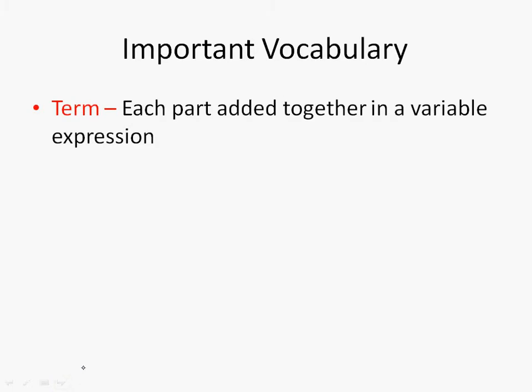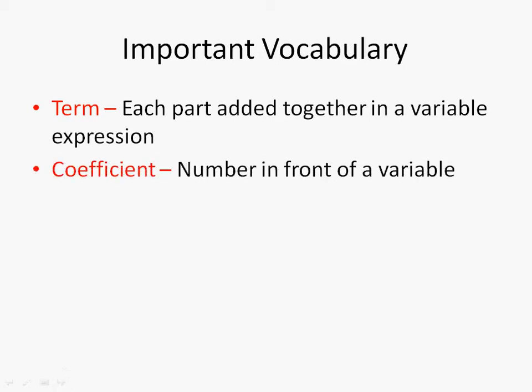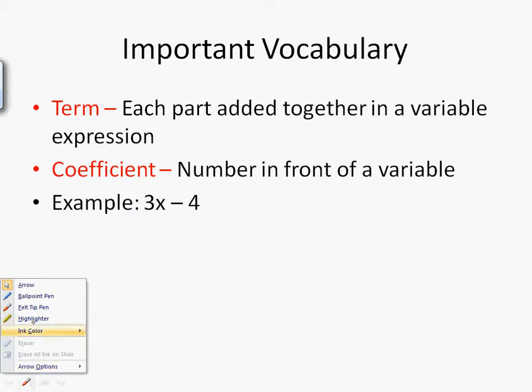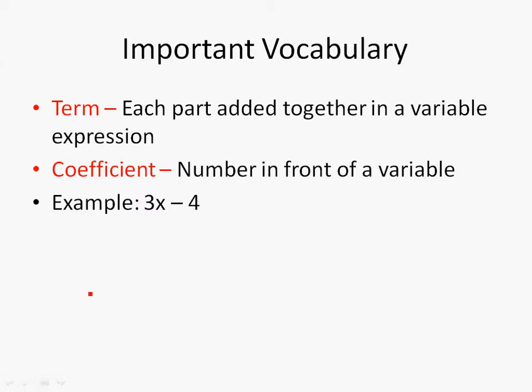The first of these is term, and a term is each part that's added together in a variable expression. Another important word that you'll want to know is the word coefficient, and that's the number that's in front of the variable. So for example, in the expression 3x minus 4, I have two terms because there's two things being added up here.